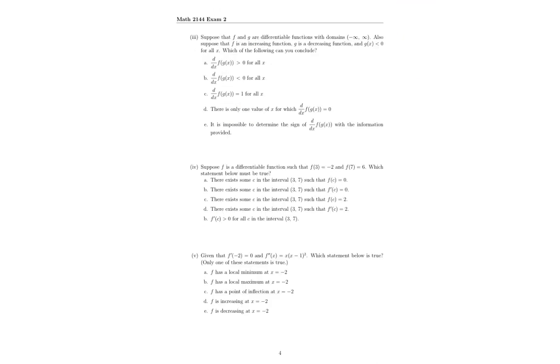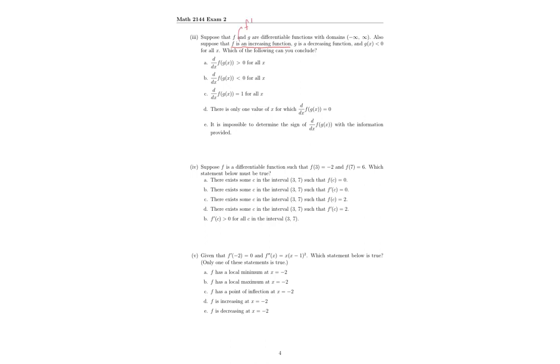Okay, looking at this next one, it's going to be kind of weird. It says, suppose that f and g are differentiable functions with domains negative infinity to infinity. AKA, we can take a derivative of either of them, and we don't have to worry about some weird exception. Any value we look at is going to work. Also suppose that f is an increasing function. So I'm going to underline that. Increasing function, that means it's always going up.